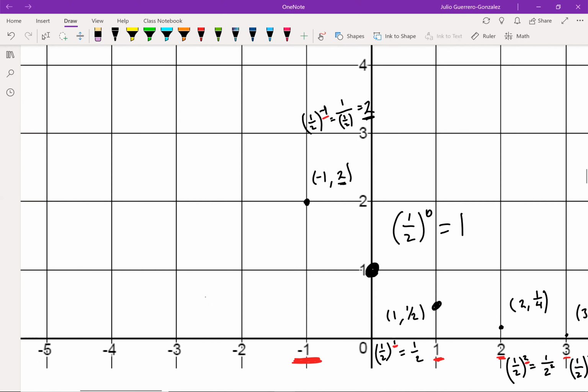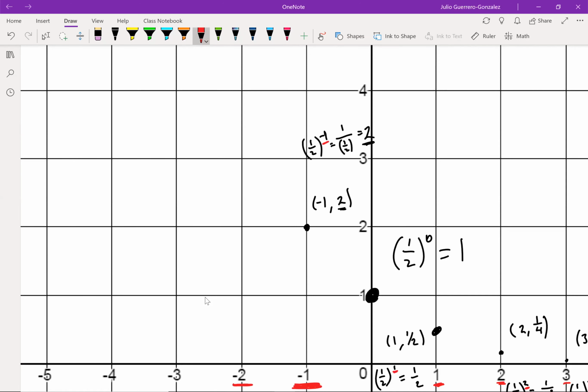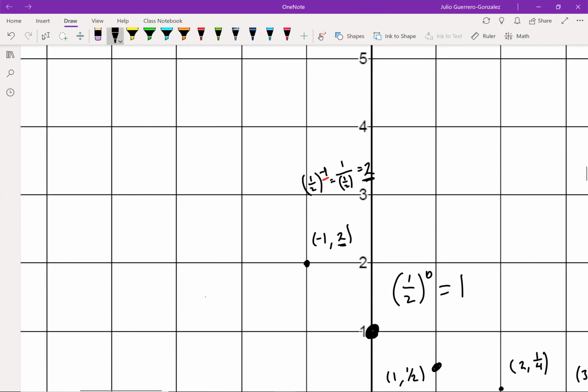Your next point is when you plug in -2, and that is going to end up being 4. So this point is going to be -2, 4. The math for that one is 1/2 to the -2. Same rule as before, 1 over 1/2 squared, which is 1 over 1/4, and that is 4.